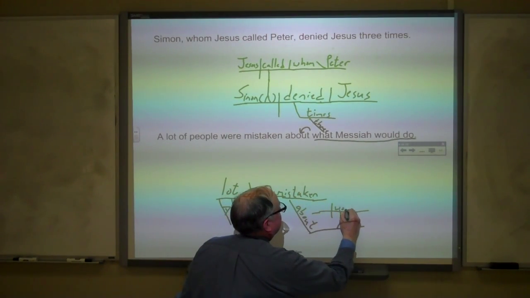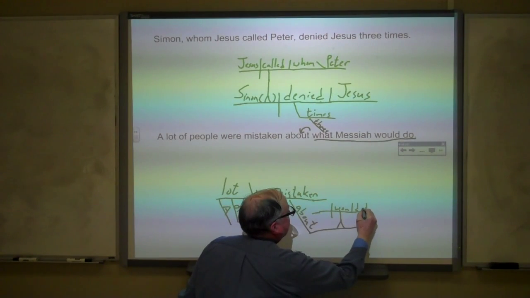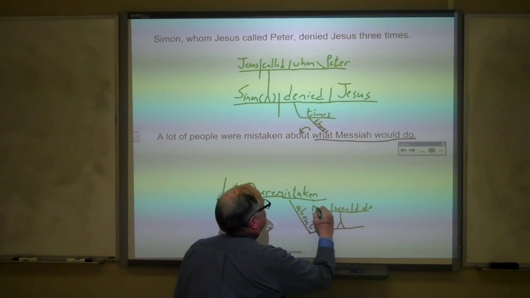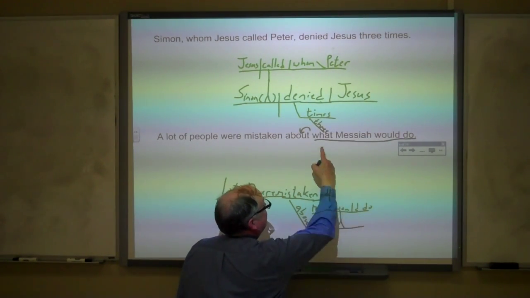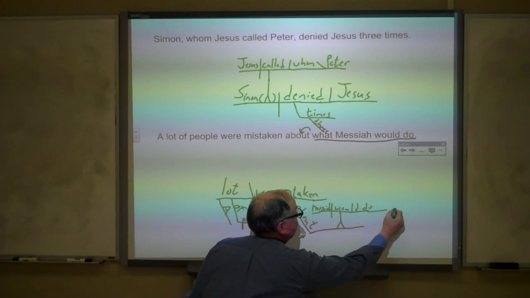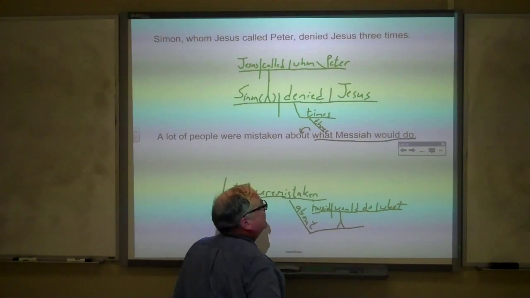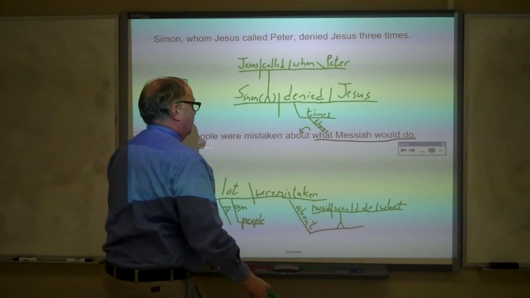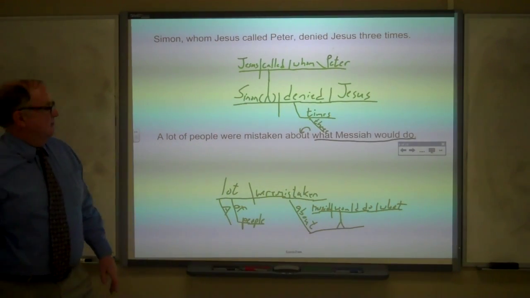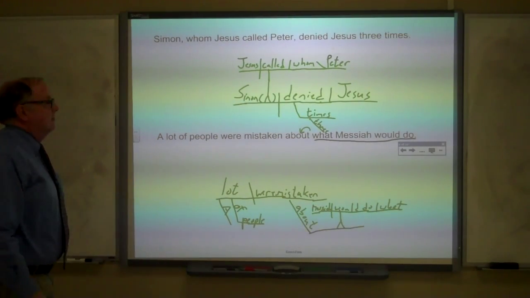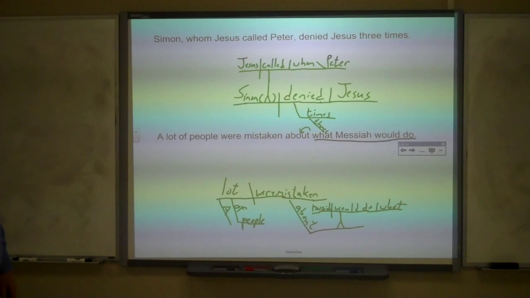Would do is the verb, Messiah is the subject, and what is the relative pronoun, but here it's also the direct object, would do what. So the relative pronoun goes in the direct object position. So here we have a case where the noun clause is the object of the preposition.